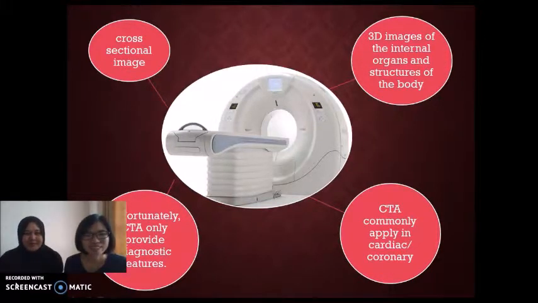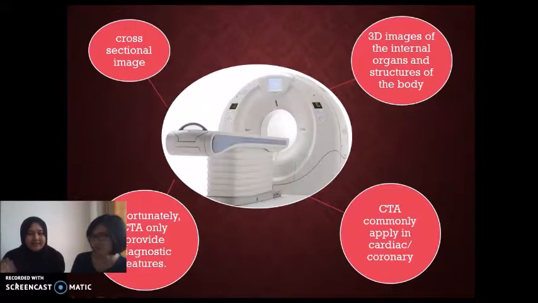As we all know, the function of the CT scan is to provide cross-sectional images, which are slices, and it also provides 3D images of the internal organs and structures of the body. CT scan also provides angiography features, which is CTA, and commonly we do cardiac and coronary angiography.